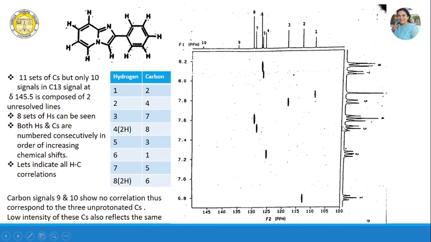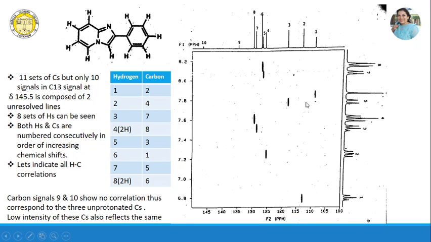Similarly, signal of proton 3, let us extend it upwards. It connects to carbon atom 7. Signal for proton number 4, this particular proton, connects to carbon 8, and the integration value shows that proton number 4 is accounting for 2 hydrogens.